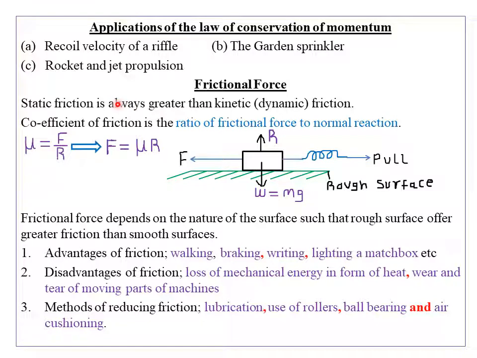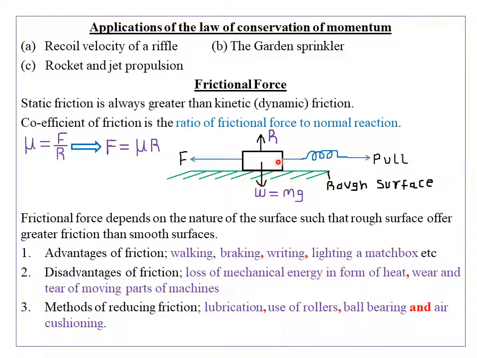Static friction refers to the frictional force acting between surfaces which are in contact but stationary. When we have frictional force acting between two surfaces which are not moving, or which are stationary, we call it static friction.